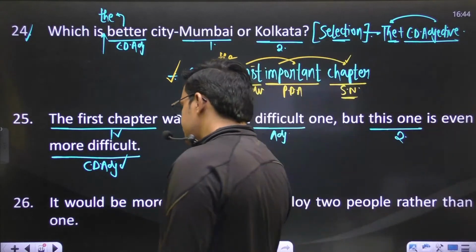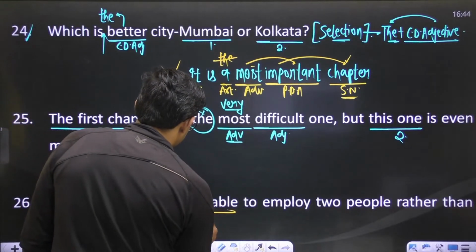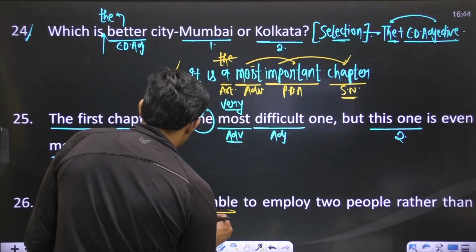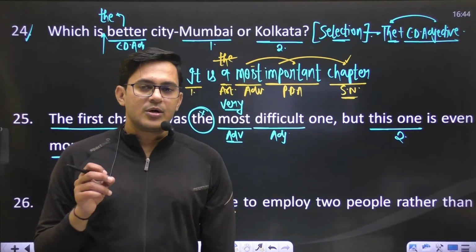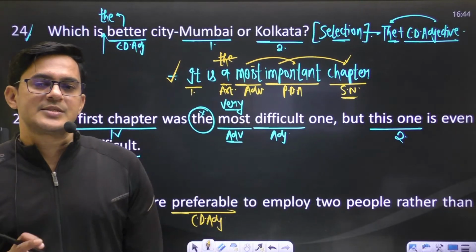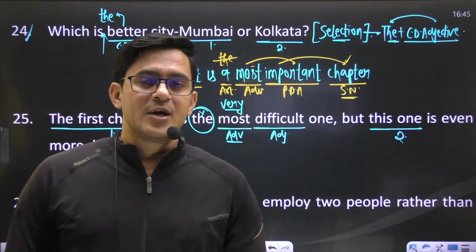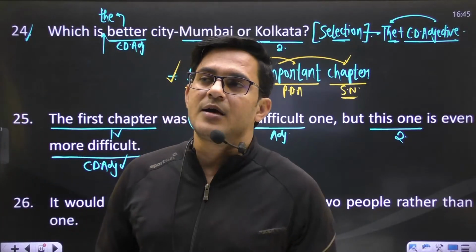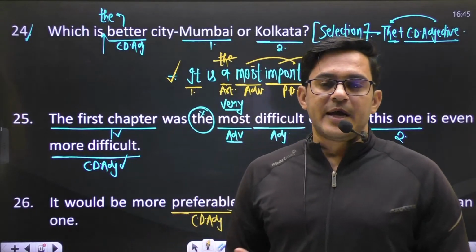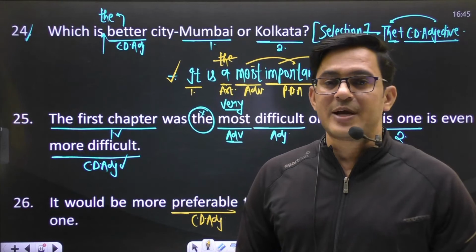Okay. It would be more preferable. This word preferable is an adjective of comparative degree, right? This adjective preferable is only used whenever there is comparison between two. Whenever there is comparison between two, so many adjectives come under this list, like junior, senior, anterior, posterior, superior, inferior, prior, elder, preferable.